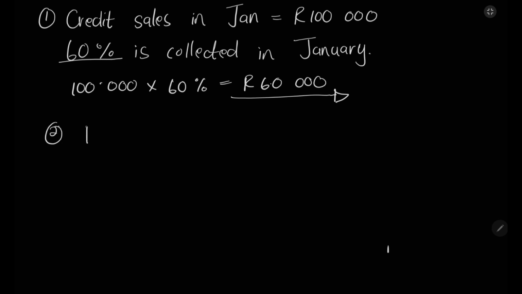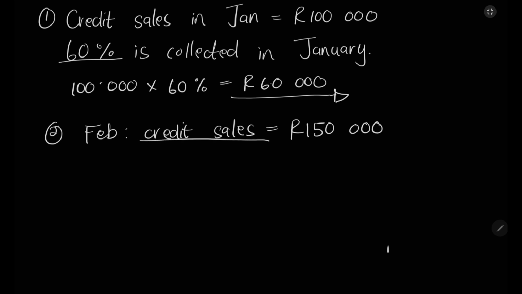Let's say February credit sales are 150,000 rand. They give you the full credit sales amount. They tell you that 40% is collected in March.